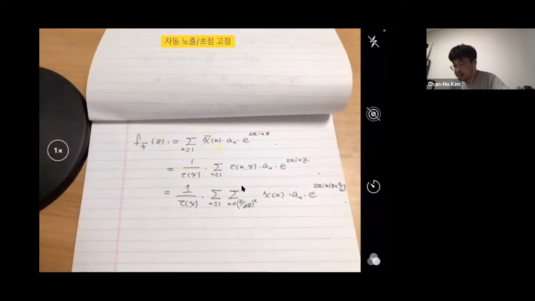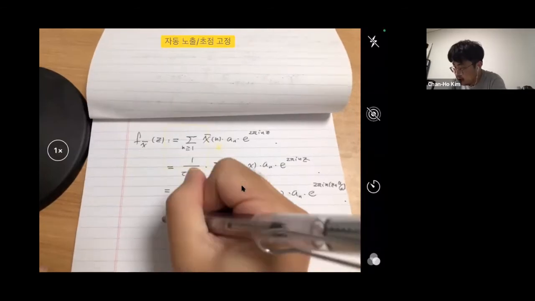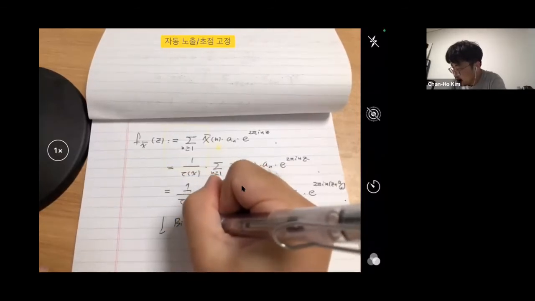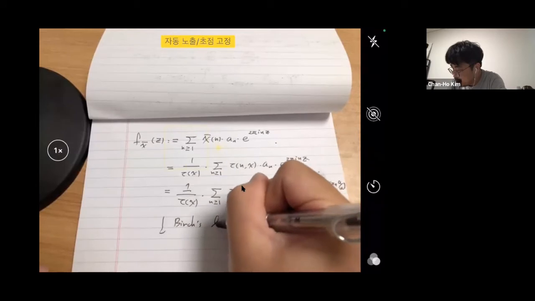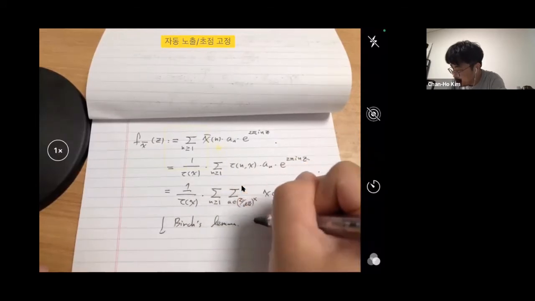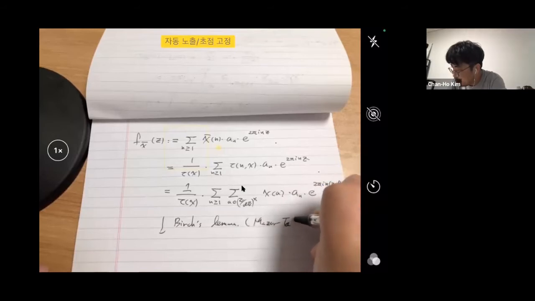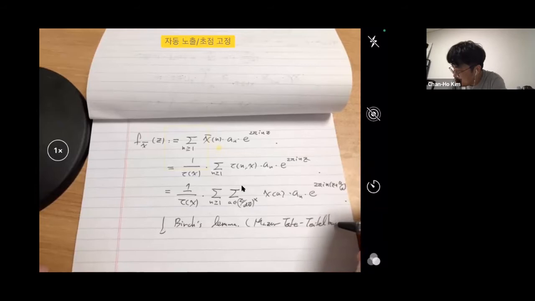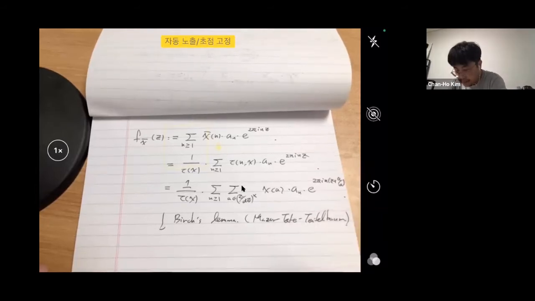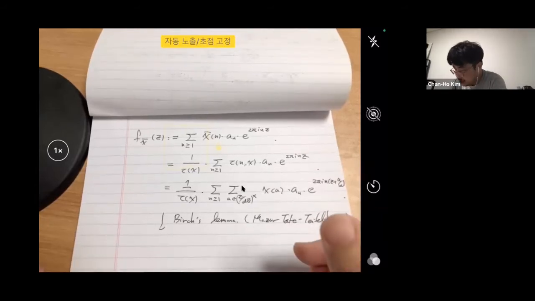Then using Birch's lemma, you can find the statement in the paper of Mazur, Tate and Teitelbaum, then we get the following integral form.